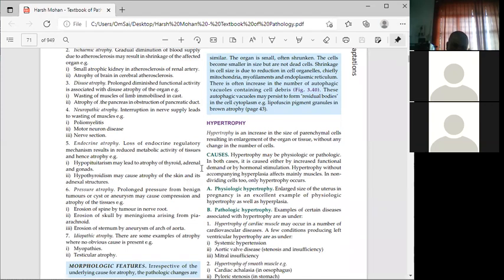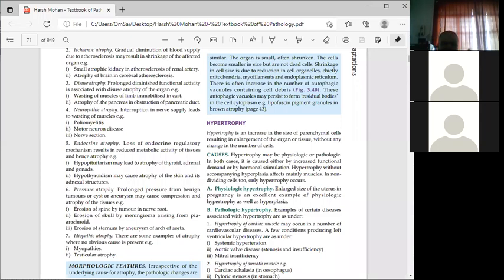Hypothyroidism may cause atrophy of the skin and its adnexal structures. If any word is new, you should find out its meaning. What is the meaning of adnexal?